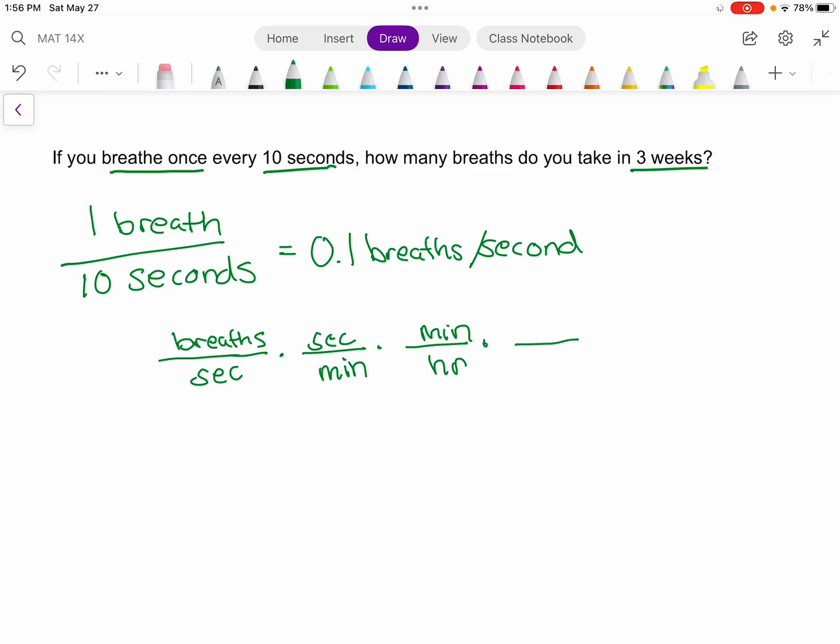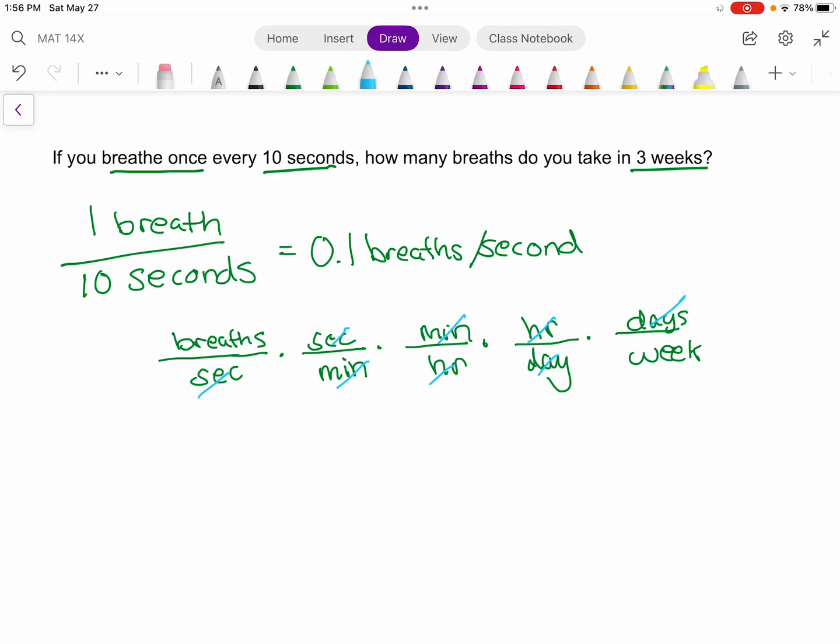And then hours to days would get us breaths per day. And then days to a week would get us breaths per week. And then we could use the 3 weeks. And that would go through, seconds would cancel, minutes would cancel, hours would cancel, days would cancel, leaving breaths per week.